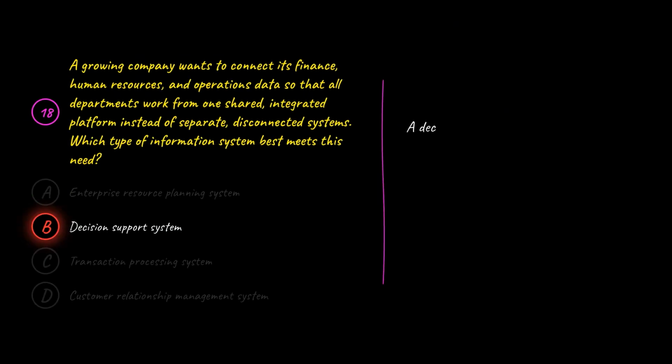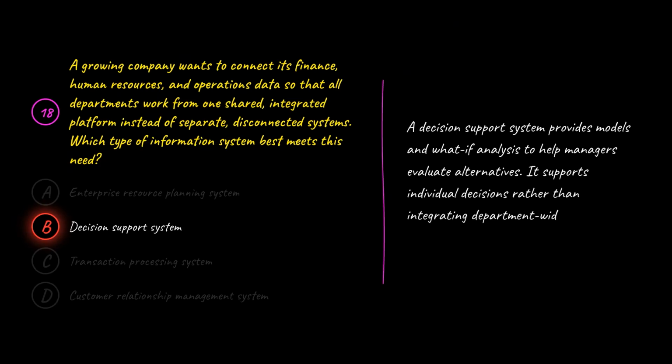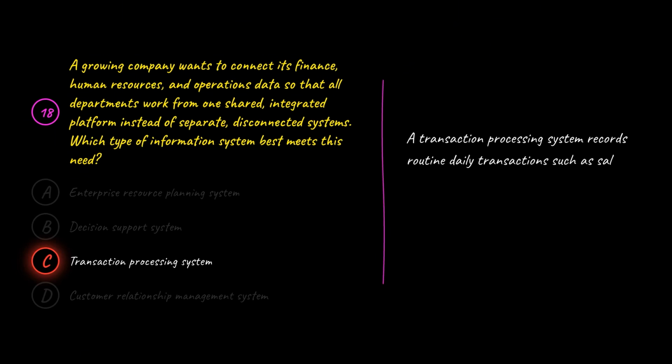B is wrong because a decision support system provides models and what-if analysis to help managers evaluate alternatives. It supports individual decisions rather than integrating department-wide data onto one platform. C is wrong because a transaction processing system records routine daily transactions such as sales and payroll.